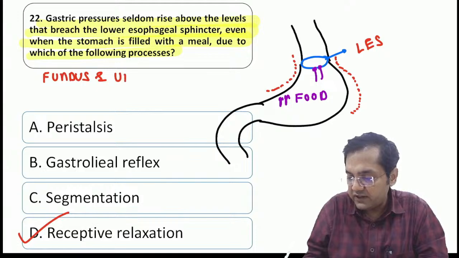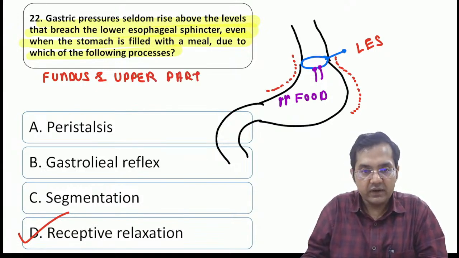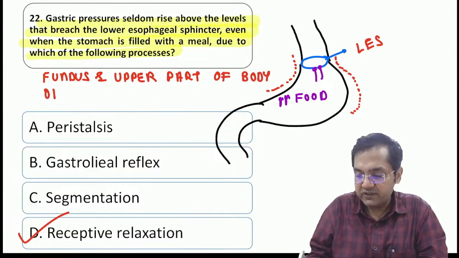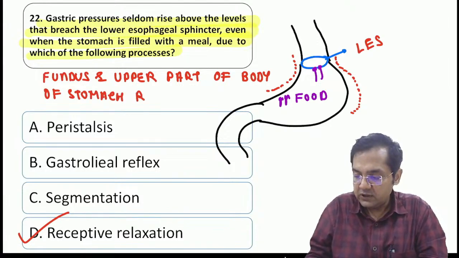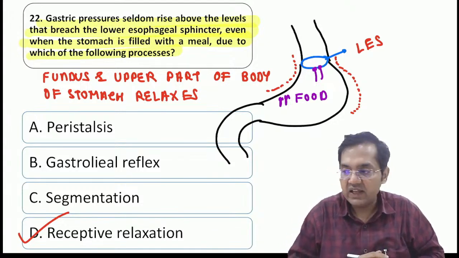And if the fundus and the upper part of the body of the stomach relaxes, naturally what will happen? The pressure will always remain low. So this is known as receptive relaxation.